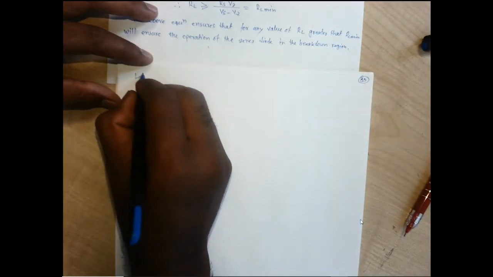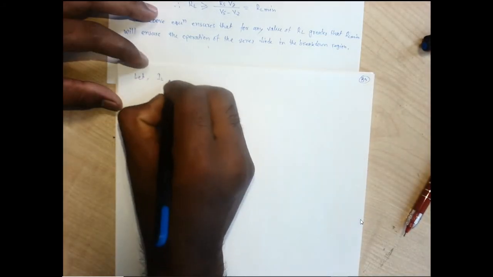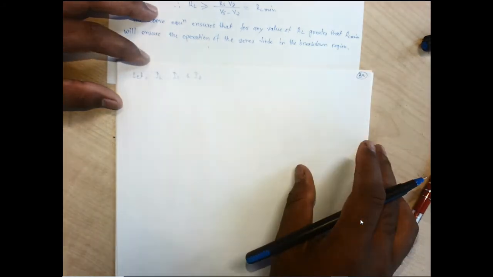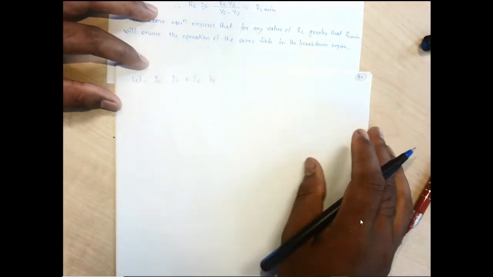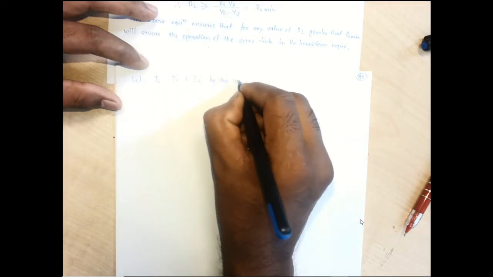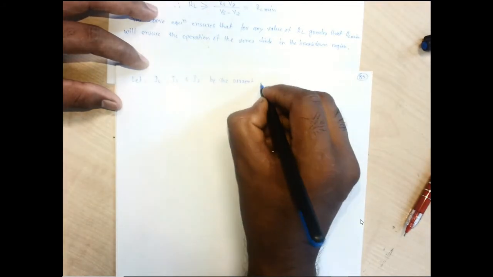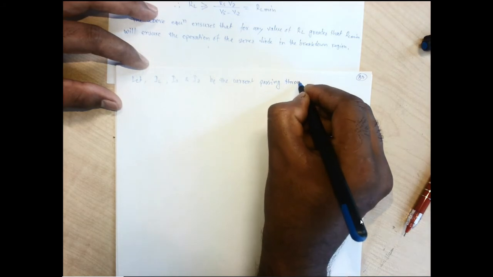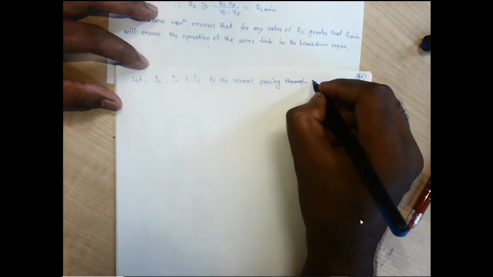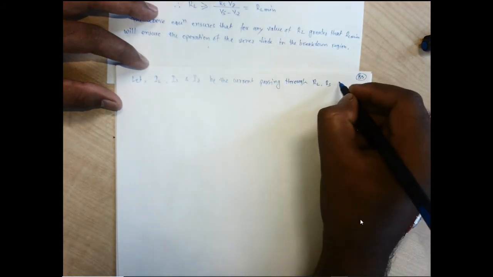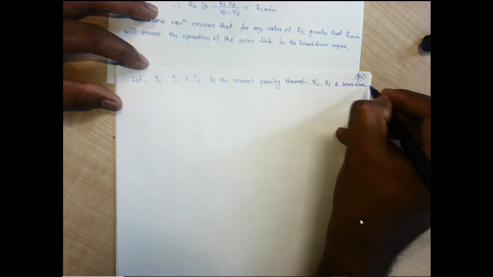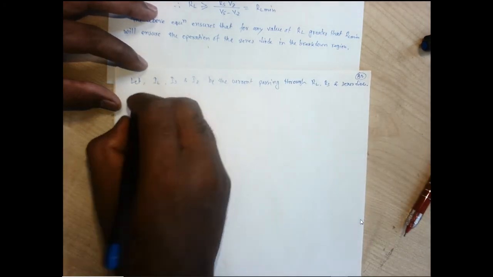Now let IL, IS and IZ be the currents passing through RL, RS and the Zener diode respectively.